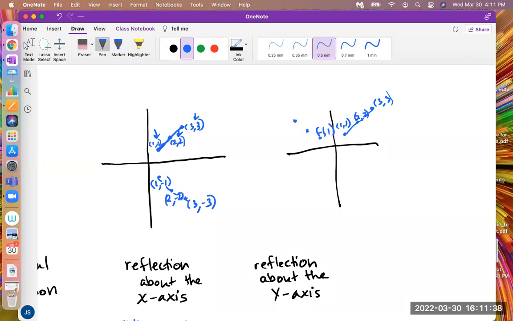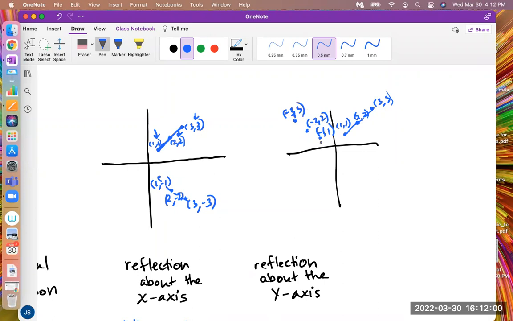And this one is the same height as this original point, so it's (-2, 2). And this last point is the same height as the original point, but now on the left side of the graph, right? So it's (-3, 3), okay?